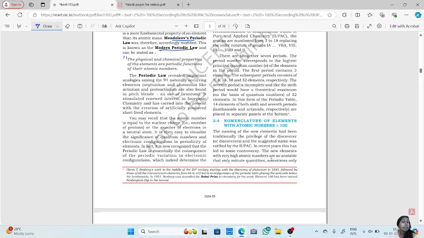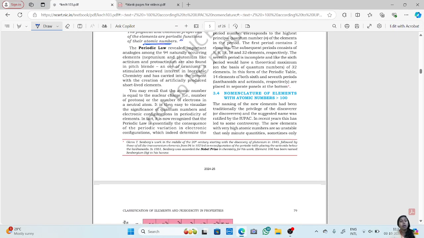The physical and chemical properties of the elements are periodic functions of their atomic numbers. Mendeleev had said it is a periodic function of their atomic weights, right? Now we know it is not because of atomic weights, it is because of atomic number. So it is accordingly altered: we have changed atomic weight to atomic number.